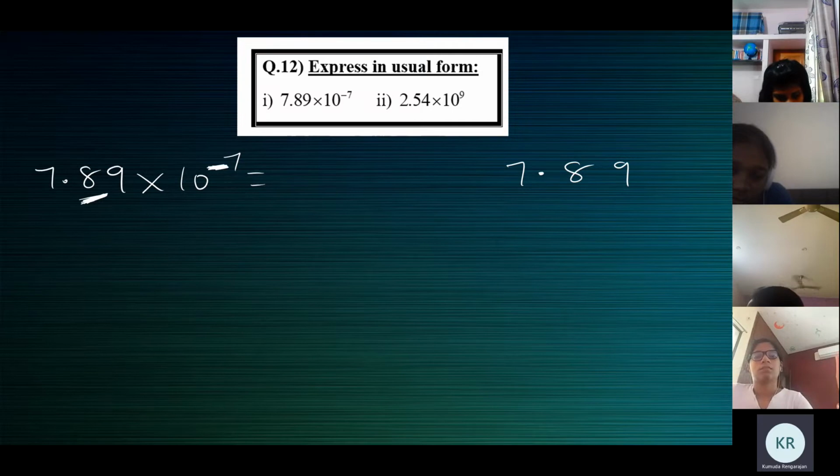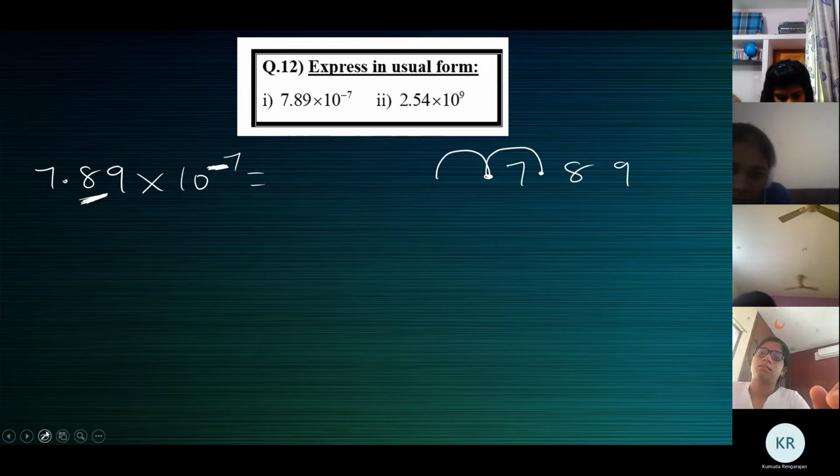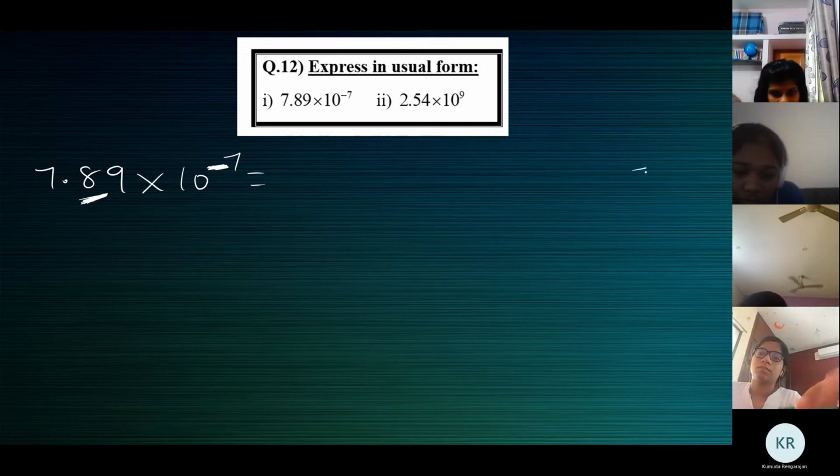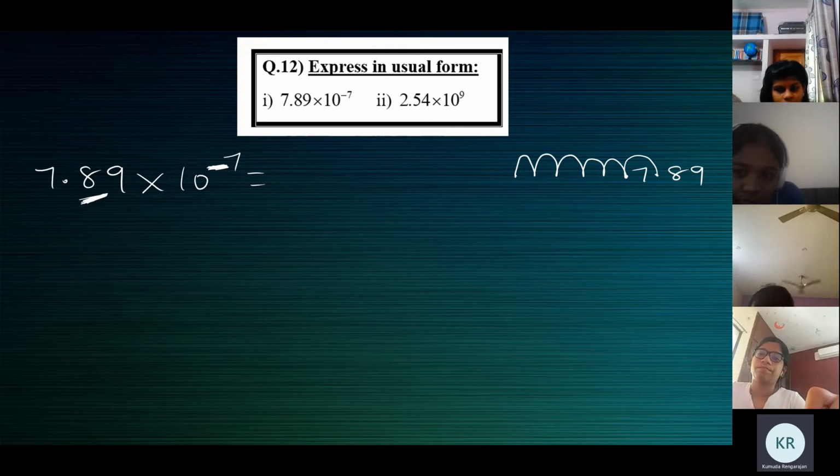So see here, 7.89. 1, it will come here. 2, 3, 4, 5, 6, 7. The decimal point should be moved here.